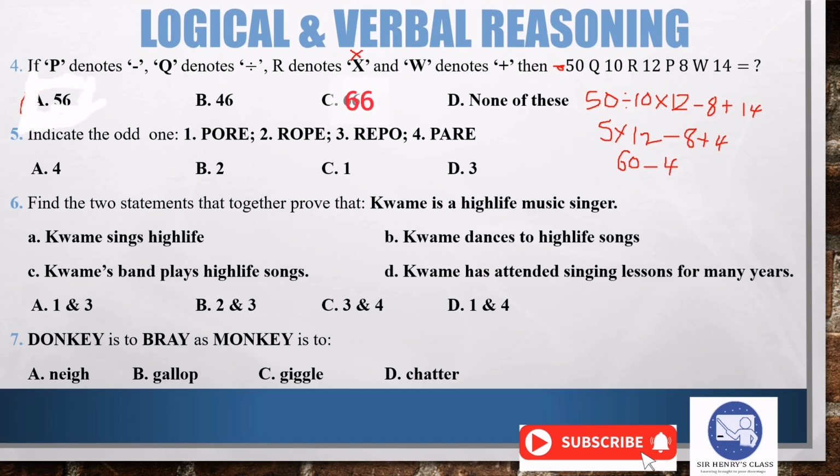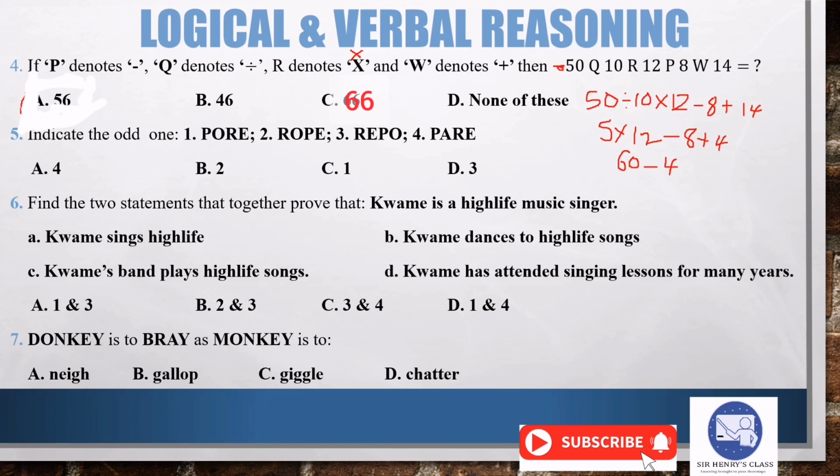Number 5. Indicate the odd one. Alright, so we have P-O-R-E, number 1, R-O-P-E, number 2, R-E-P-O, number 3, and P-A-R-E, number 4. So here, the words have been rearranged.